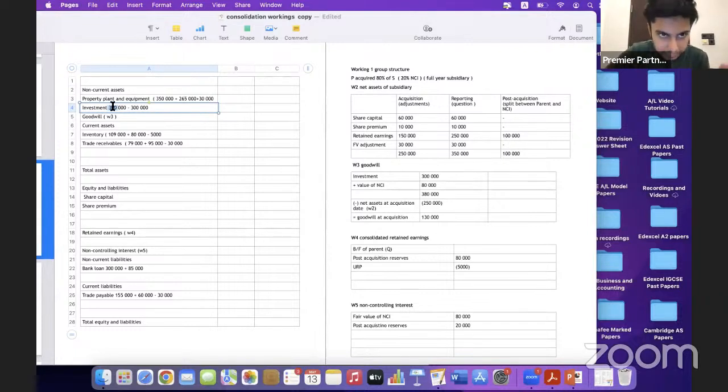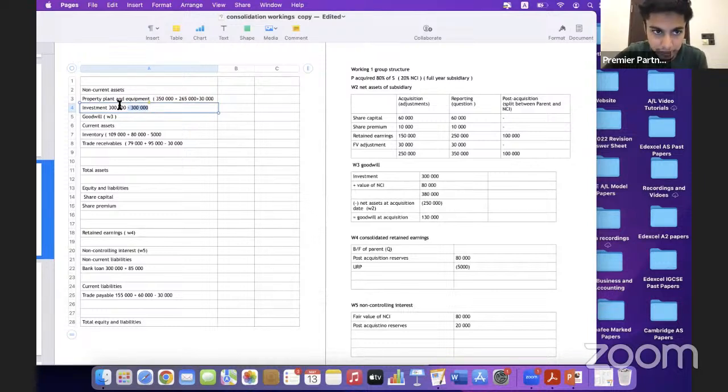But if this was 500,000, I will still remove only 300,000. So please understand, what you write in goodwill as investment, that amount, when you copy it here, becomes goodwill debit. And the investment needs to be credited or removed. So you should only remove what you write here, not the entire thing.